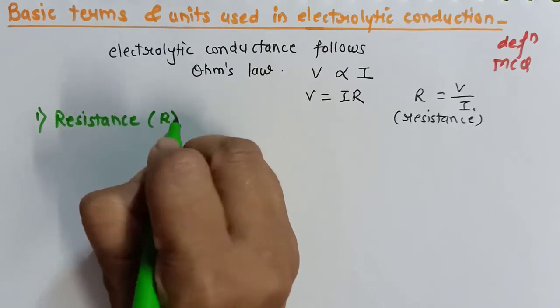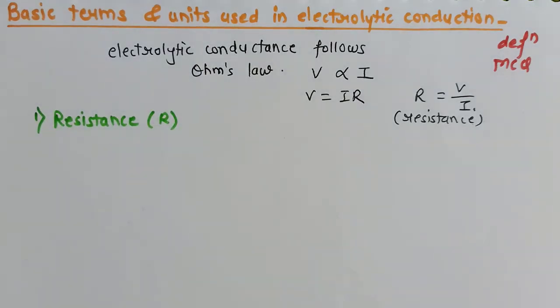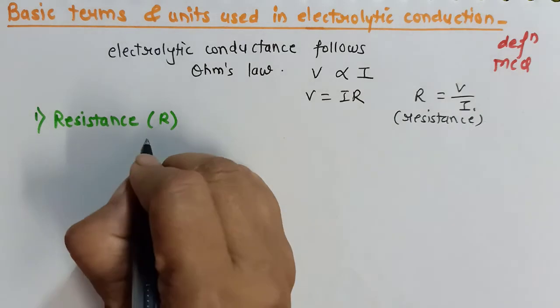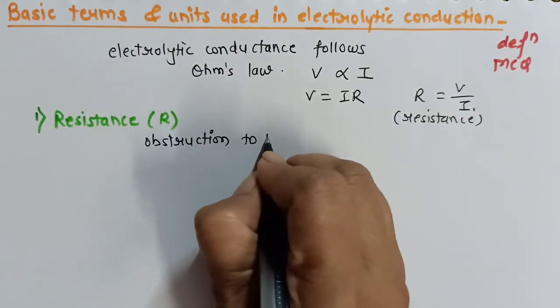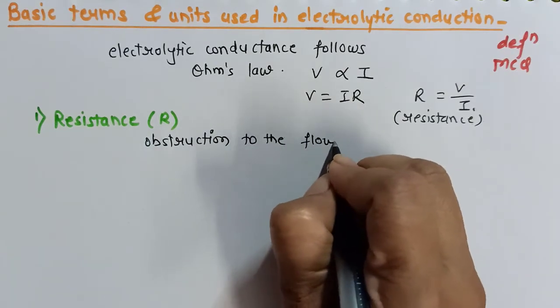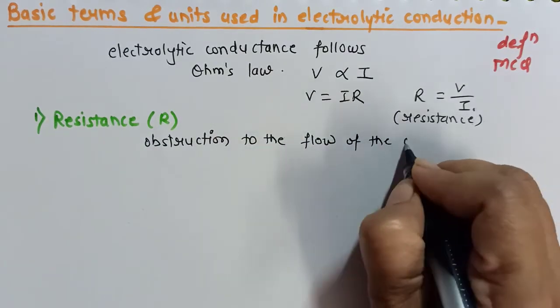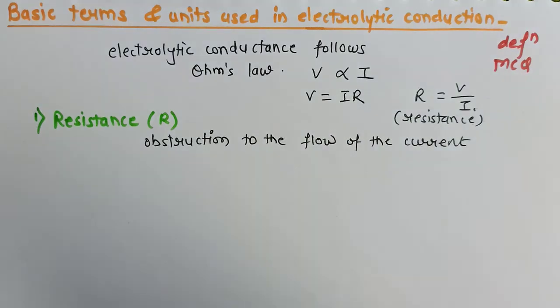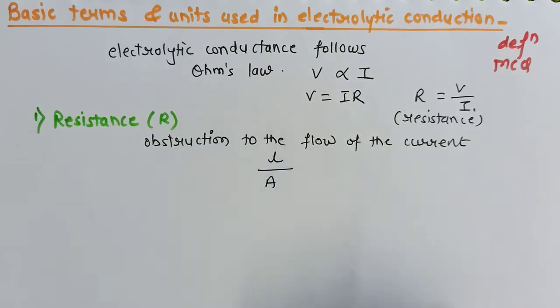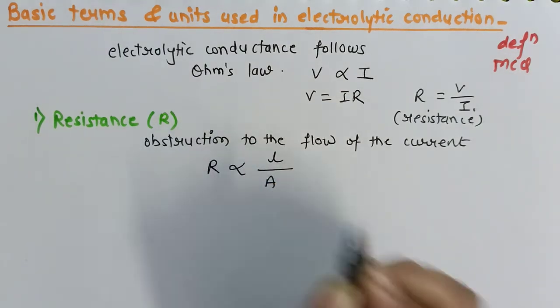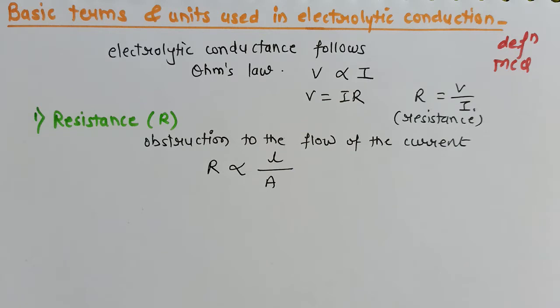We denote it as R. So what is resistance basically? It is the obstruction to the flow of the current. Resistance depends on factors like length and area of cross section. How is it dependent on these two factors? Resistance is directly proportional to the length and inversely proportional to the area of cross section.